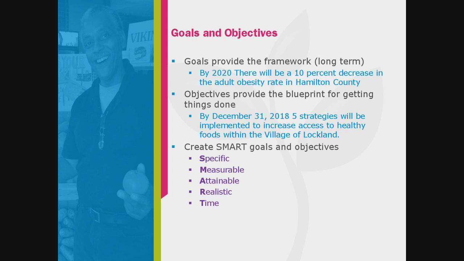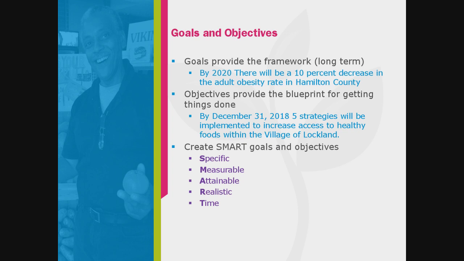An objective provides the blueprint. They're shorter time frames that will help you achieve that overall goal. So achieving your objectives puts you closer to achieving the overall goal that you created.